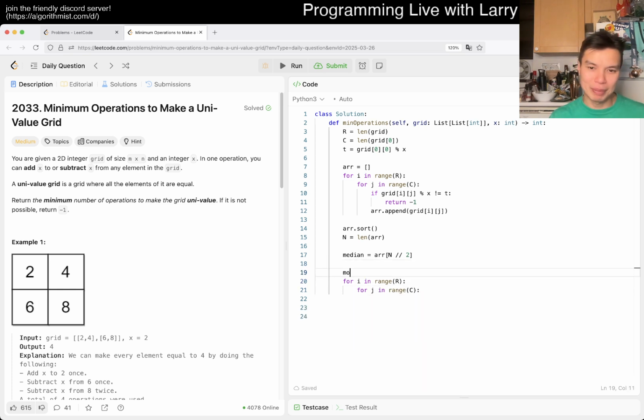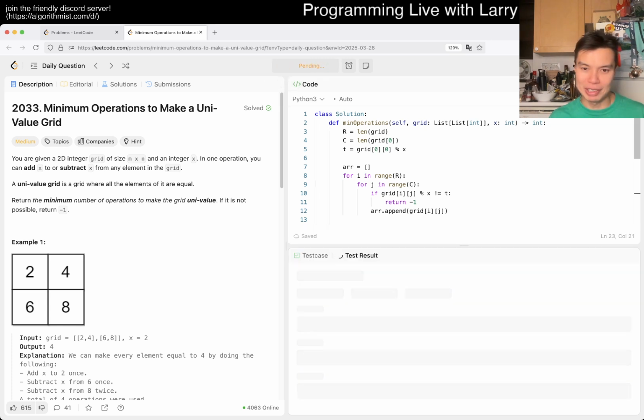But it is always going to be possible, and then it is just equal to the median minus grid sub ij, the absolute value. So that's going to be the delta, and the delta will always be a multiple of x from what we said. So we could just divide by x, and that's it. Unless I'm wrong, then I'll be very sad, but it looks okay.